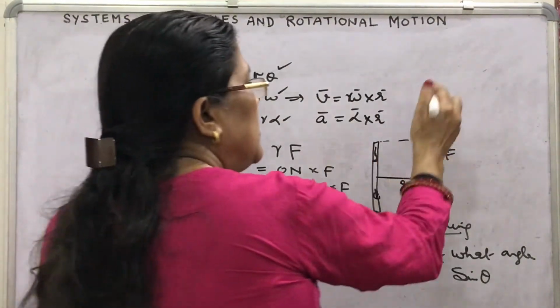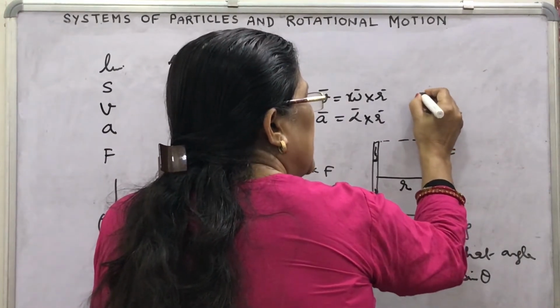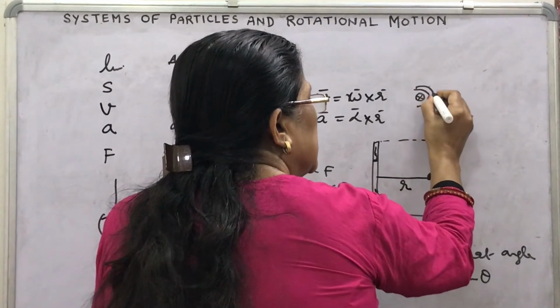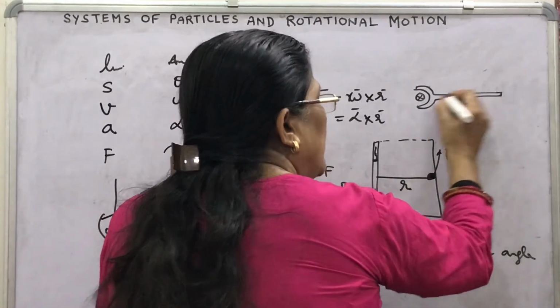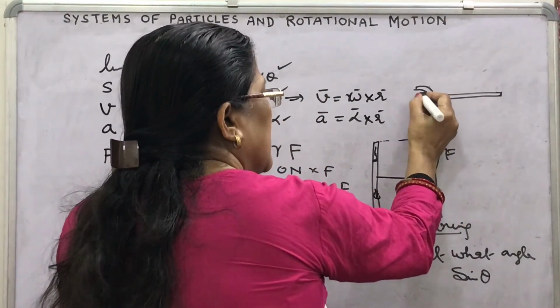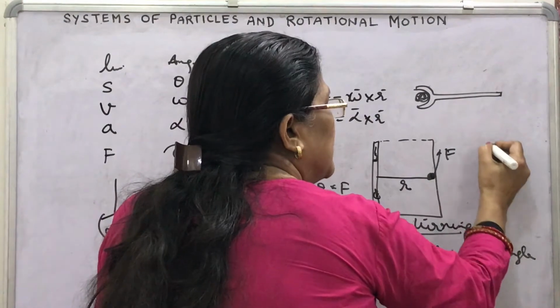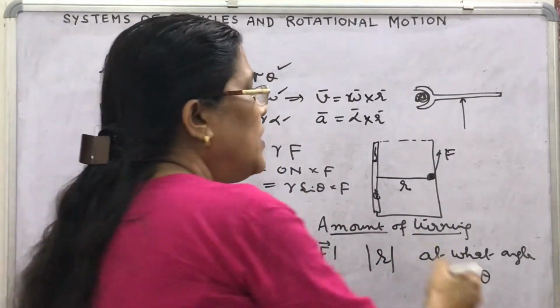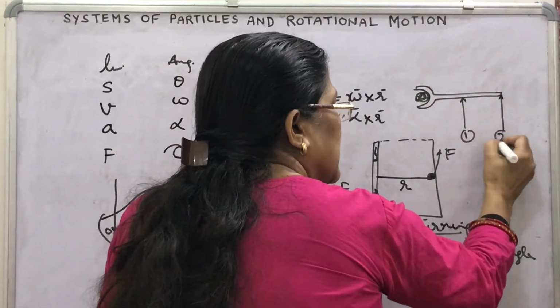You can also explain this with a nut and bolt. Suppose this is the nut and this is the handle of the bolt, and you want to open the nut. What happens if you apply the force here or here, in the first case or the second case?